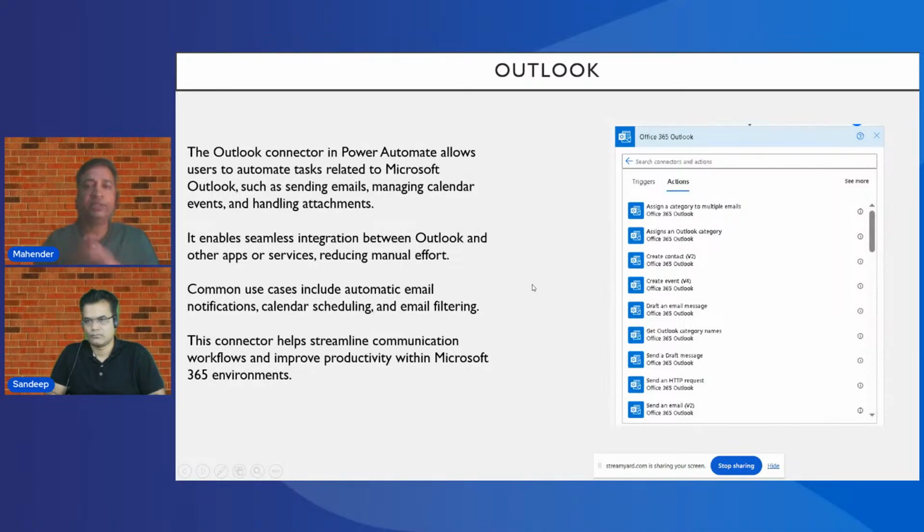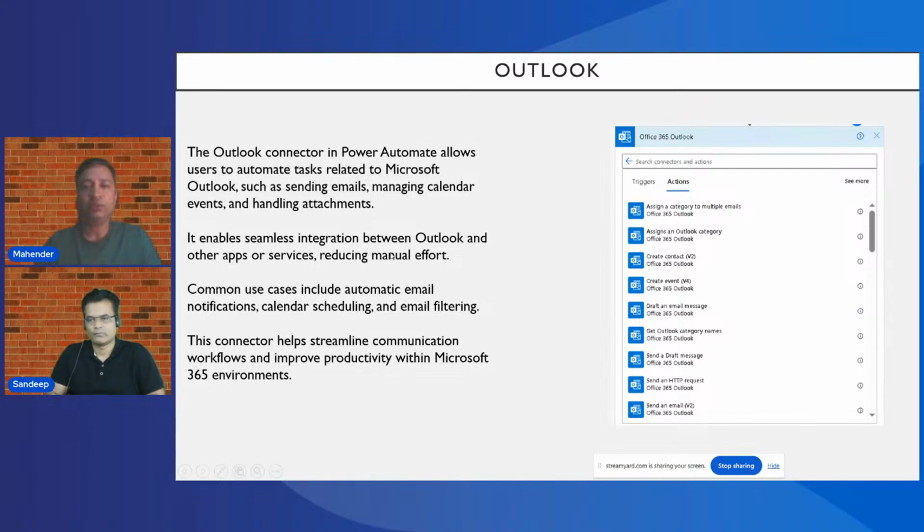Another one, we have Outlook. For the email notification we are using the Outlook connector. Let's take an example: apart from the Teams notification, we also want to send them an email. Or on the resolution of that, or when it is closed or completed, we want to send them the notification that this ticket is completed.